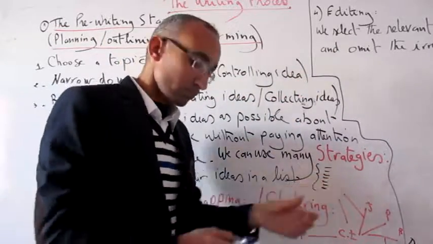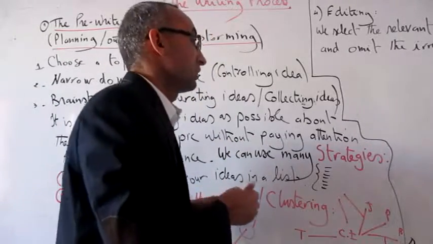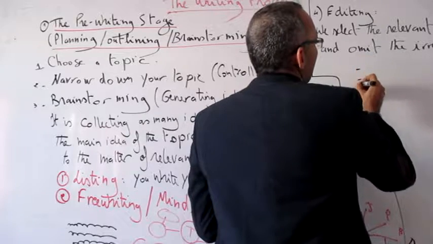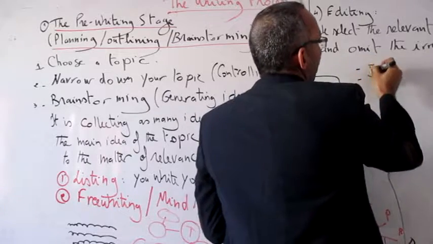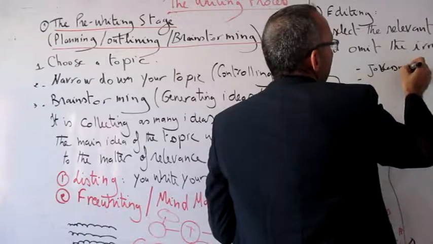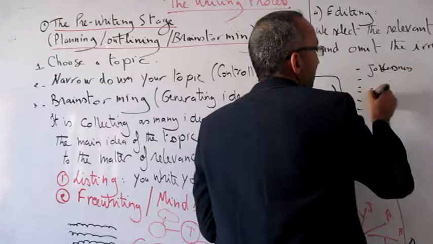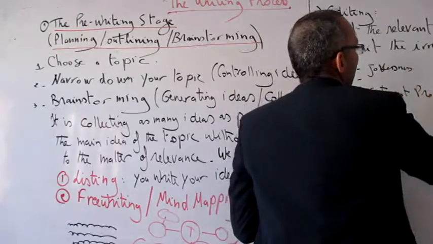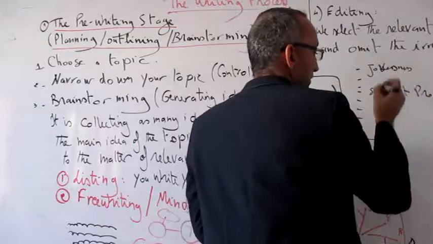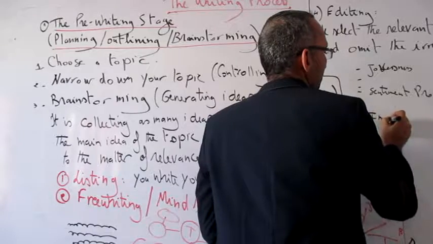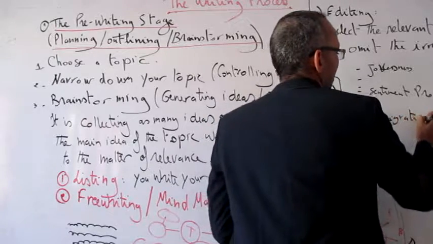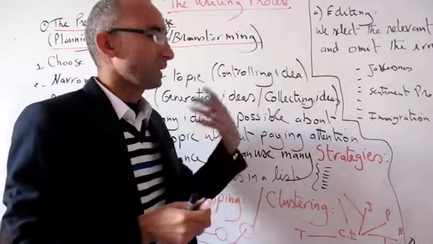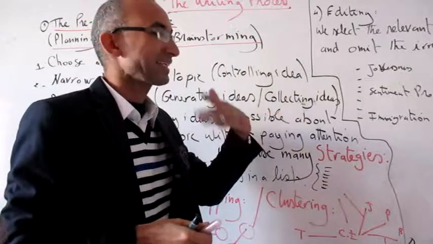So here, I think that, for example, the notions of joblessness, unemployment, sentimental problems, and also immigration are a bit remote possibilities and very weak ideas that can't serve my topic.